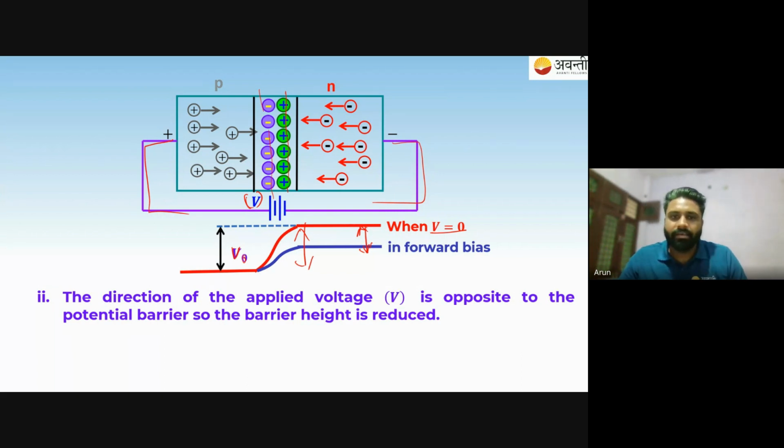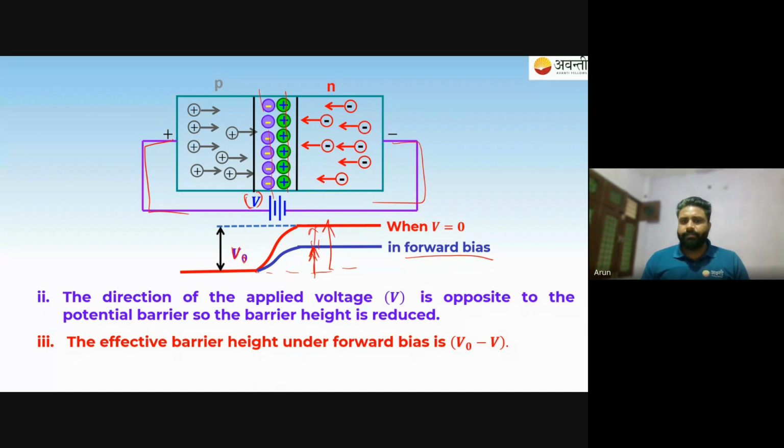You can see by the blue line here, initially we have a potential barrier. If you take this reference, here we have it, but when forward biasing is applied, it decreases the value by this amount.